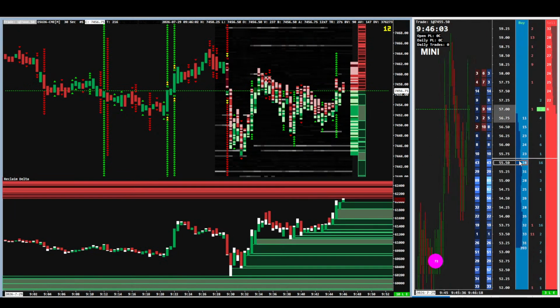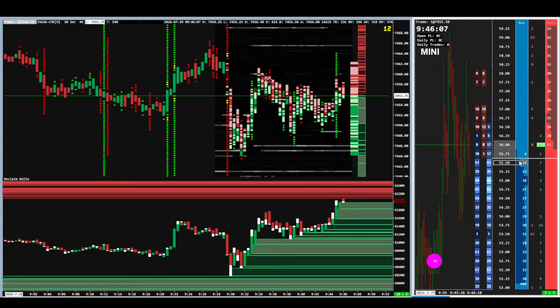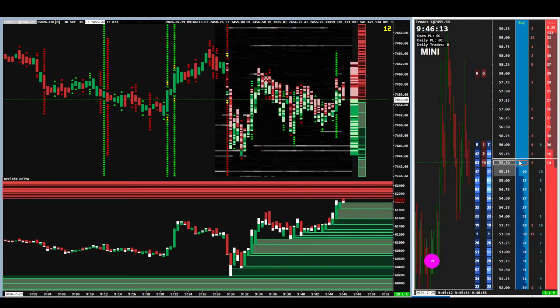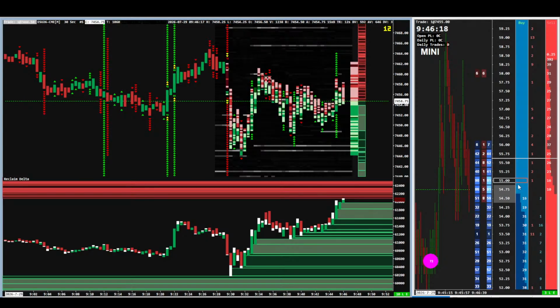Pulse check 5550 long. I'd probably take it off 57.25. And they're spoofing low, and we've been taking back those spoofs. So they're doing both sides.